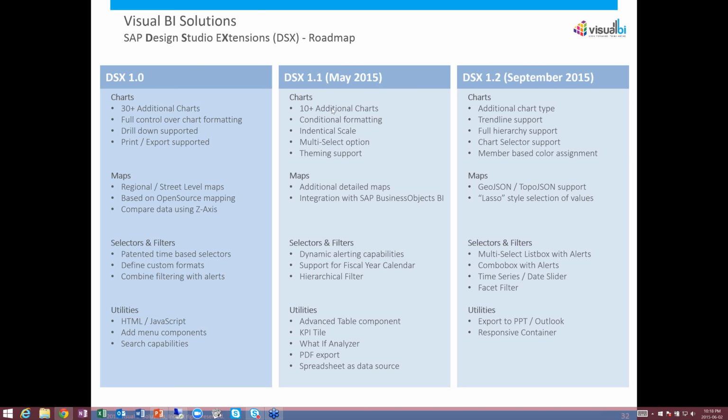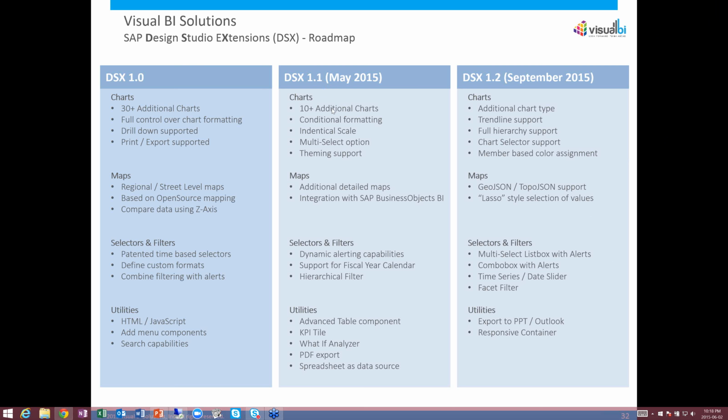The next question from Alex. Are these extensions fully compatible with the SAP Business Objects platform, which is the lower compatible version? First of all, yes, we do support all the different deployment options of Design Studio. This means Business Objects, HANA, or BW. And we support the versions that Design Studio supports.